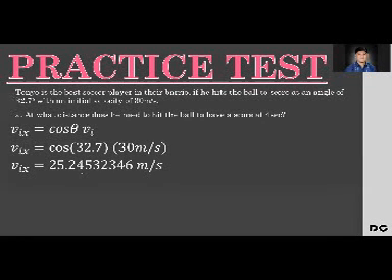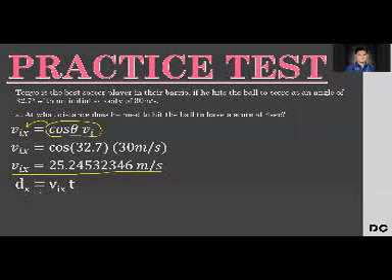Or pwede rin, para mas short ang inyong solution, pwede rin na instead of solving for v_ix, you just simply substitute cosine theta times v_i to the v_ix on the equation of dx.